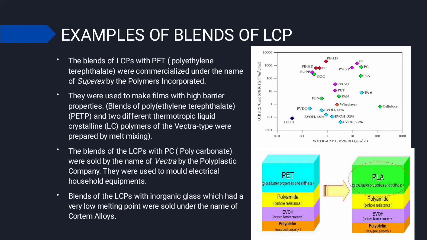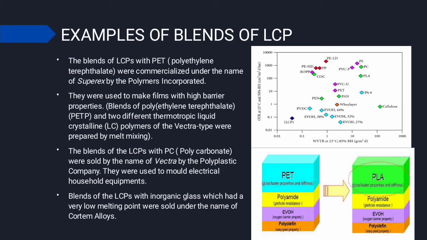The blends of LCPs with PET, polyethylene terephthalate, were commercialized under the name of Superex by Polymer Incorporated. When two polymers are blended together, the name changes, and the changed name is Superex.